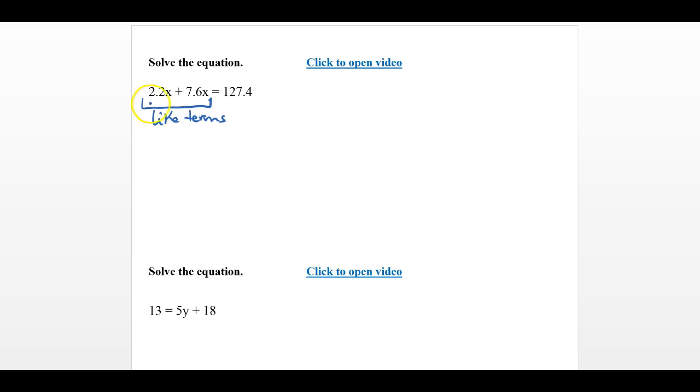So we'll start by adding 2.2x and 7.6x, which equals 9.8x. So now that we've simplified our equation, we can move to our last step.